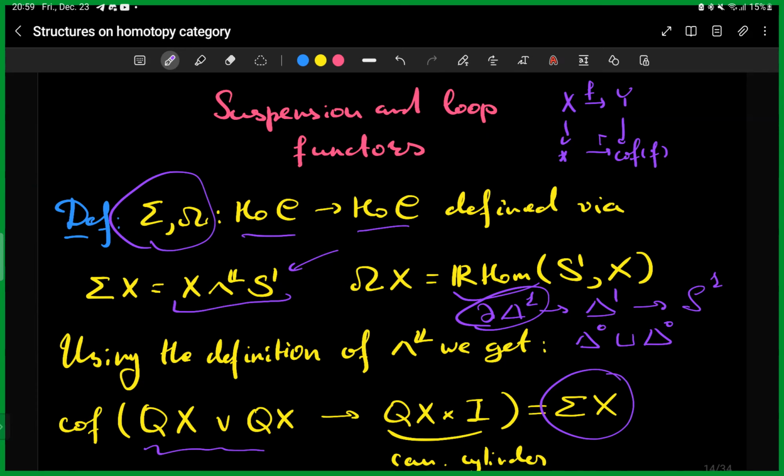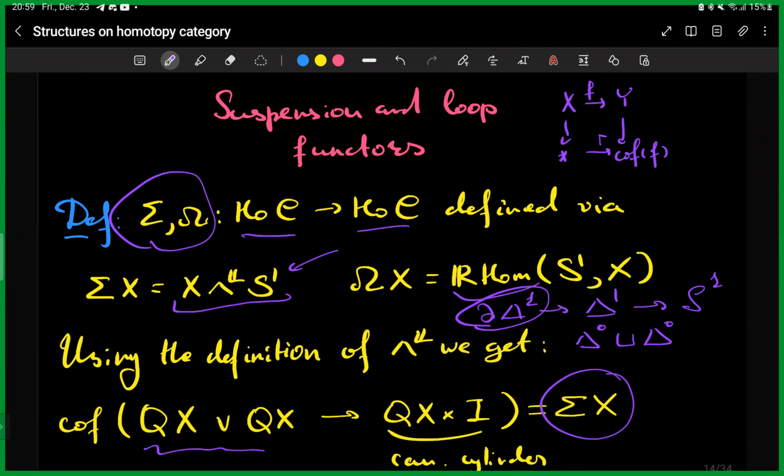That's one of the remarkable facts about this construction of the derived tensor smash product: if we take the usual one simplex and we smash it with an object, we get the canonical cylinder. Basically, that happens because the construction of this derived product used these canonical framings, which were constructed using the canonical factorizations.